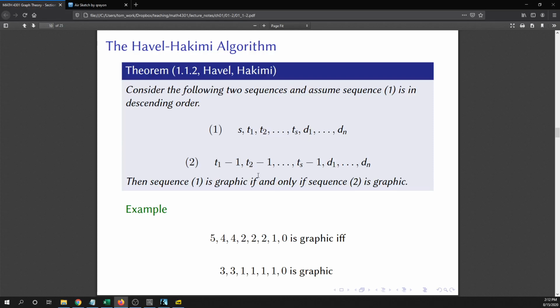Now, likewise, it says if this sequence is graphic, then this sequence will be graphic as well. If I identify some number 3 or bigger, whatever the biggest one here is, the next number that I'm going to add out in front needs to be larger than that. Actually, it has to be 4 in this case.